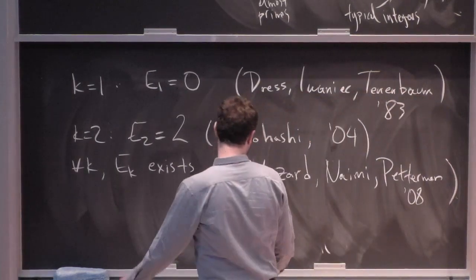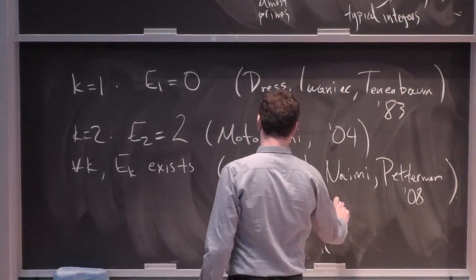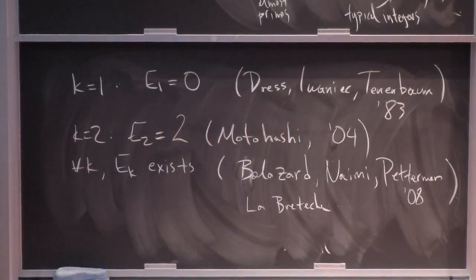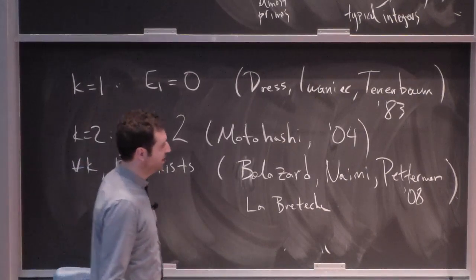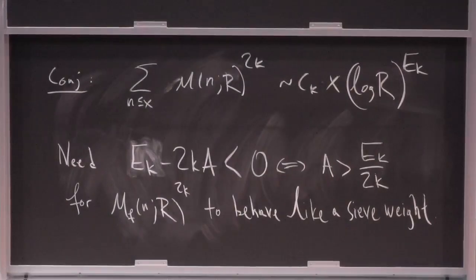And this builds on work of Lavrik, so his name should also be here. What they showed is that these moments have an asymptotic of the form x times a polynomial in log r plus a small error.